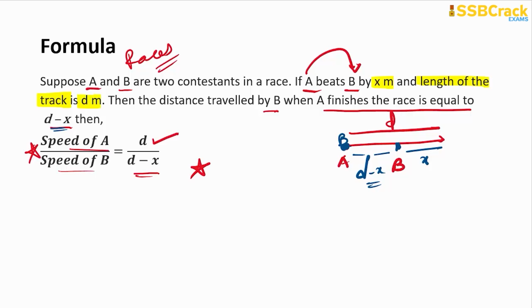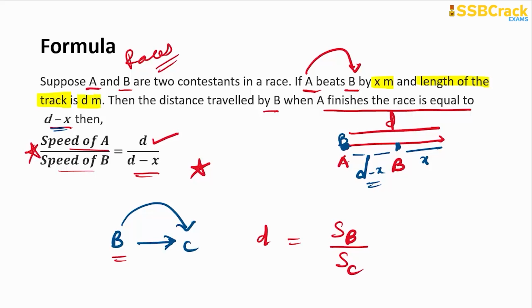Understand this formula. Suppose I say that there is another person C whom person B is beating. In that case also, when you are relating, you always have to compare with the complete length of the track. It has nothing to do with person A, because person B is beating person C. So again you will be comparing the complete length of the track, that is d only, which goes with the speed of B, in ratio with the speed of C as d minus x, if the scenario is that person B is beating C by x meters.